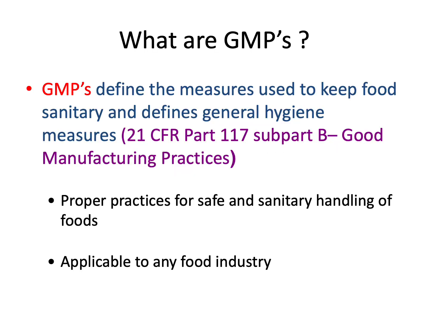What are GMPs? GMPs define the measures used to keep food sanitary and define general hygiene measures. The current Good Manufacturing Practices regulation is 21 CFR Part 117, Subpart B. These practices are to ensure the safe and sanitary handling of foods and can be applied to any food industry.